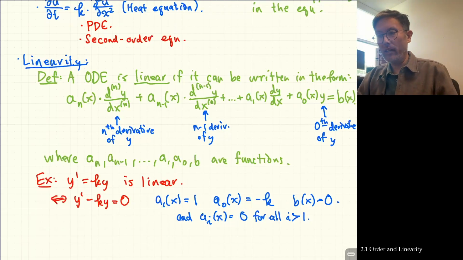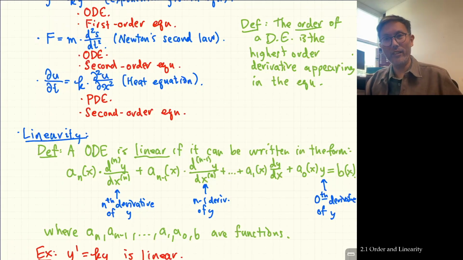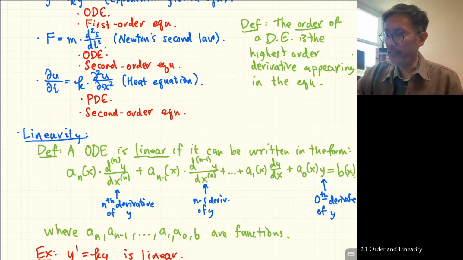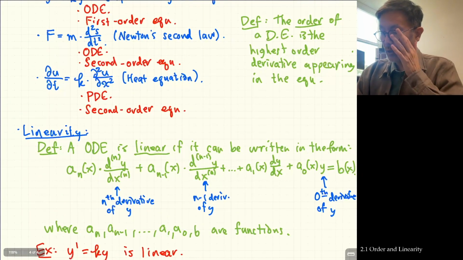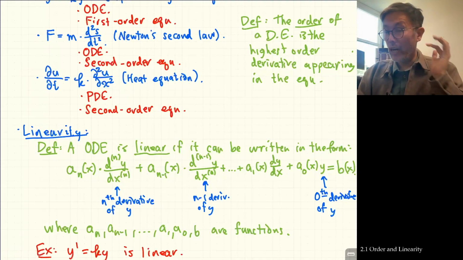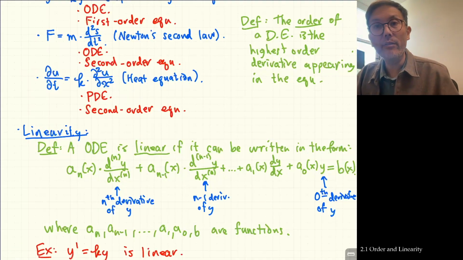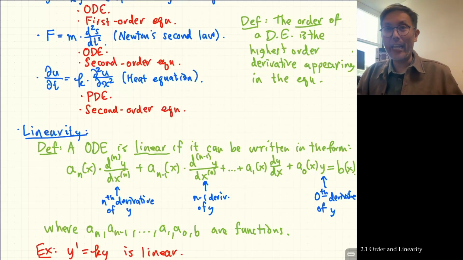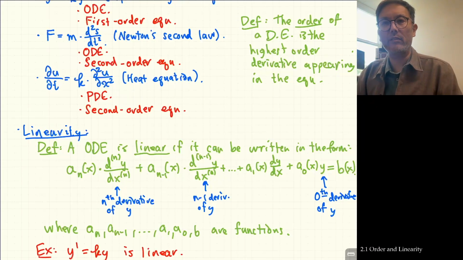Newton's second law is also a linear equation, and it's a second order linear differential equation. And you can check that in this case, a sub 2 is going to be m, a sub 1 is going to be 0, a sub 0 is going to be negative f, depending on how you solve it, and b of x will be 0, right?